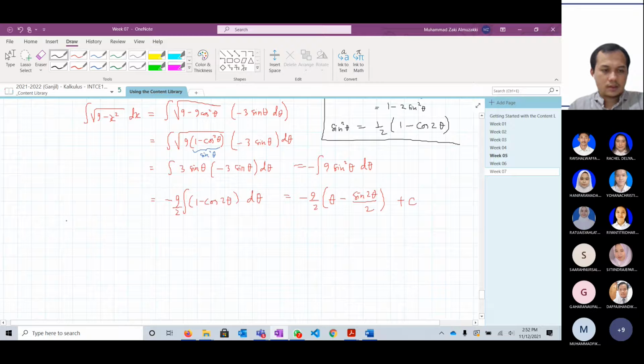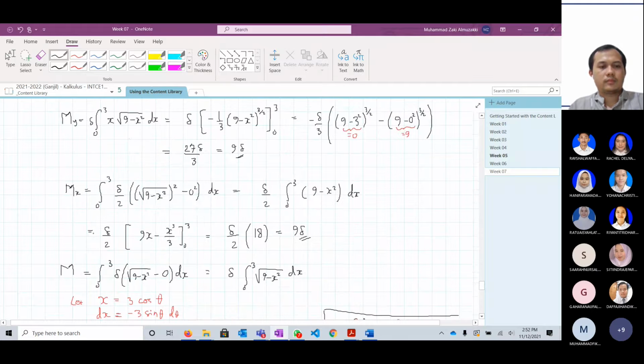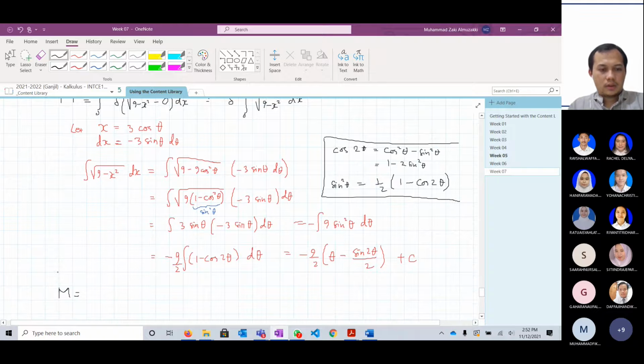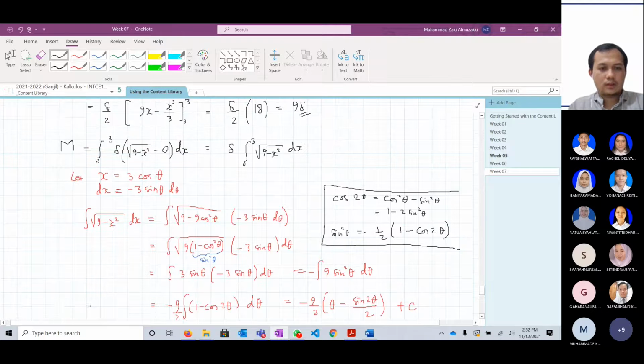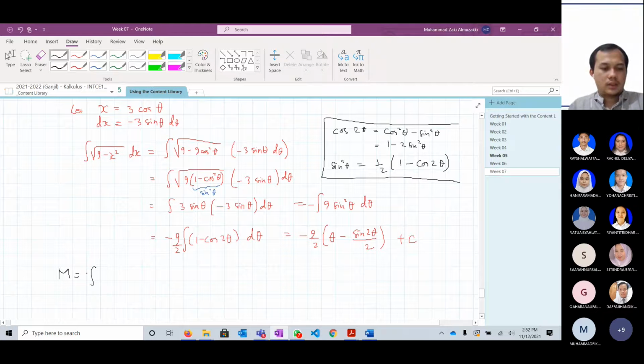So the mass is now delta times the integral from 0 to 3 of square root of 9 minus x squared dx.